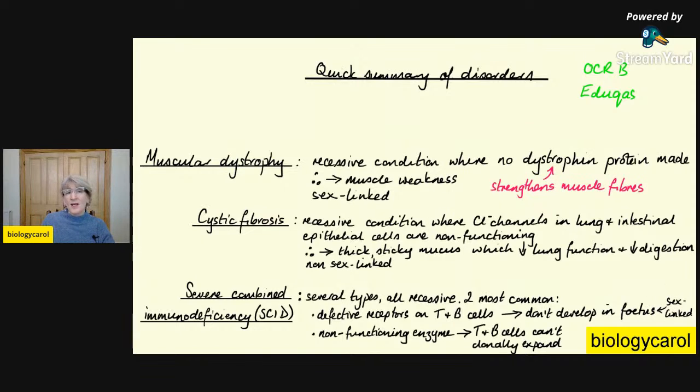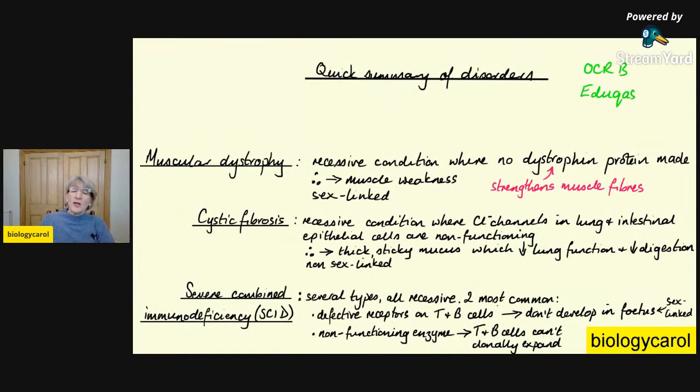This type is sex-linked, so it affects more boys than girls, just like Duchenne muscular dystrophy. Another very common type is where a non-functioning enzyme is made, and that means that the T and B cells that are there can't undergo clonal expansion, which is a normal part of your immune response. Therefore, those individuals have a non-functioning immune system.